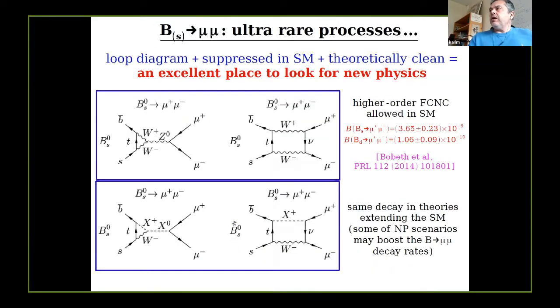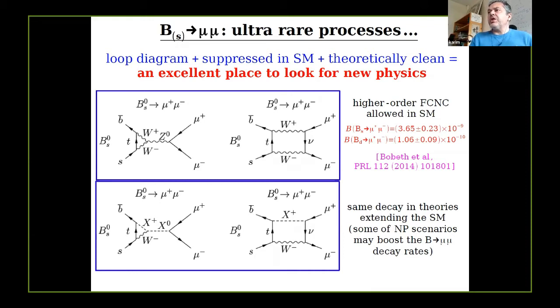Okay, so just as a reintroduction of these ultra rare processes, I was talking about B to S gamma. Then just now we mentioned a similar penguin, but instead of V_ts it's V_td, B to D gamma, so very suppressed.